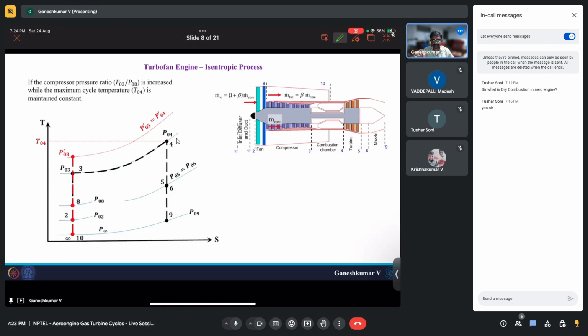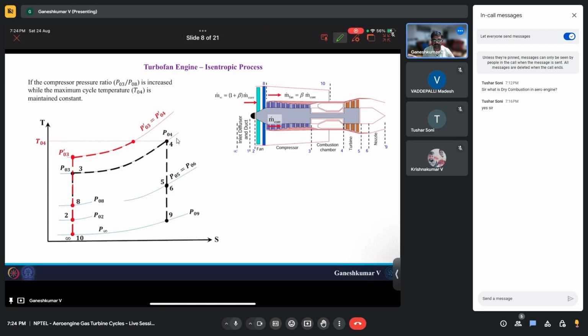Then what would happen? Now, I cannot change the turbine entry temperature because that's a design parameter. You cannot arbitrarily change the turbine entry temperature. So what happens is you will be adding less fuel to reach T04. Because of that, the area under this curve will change. That will be very clear.